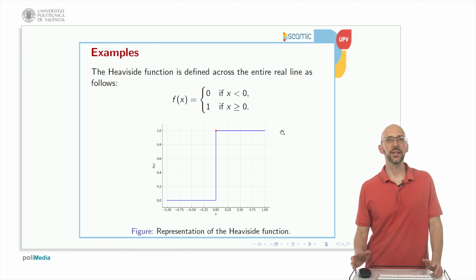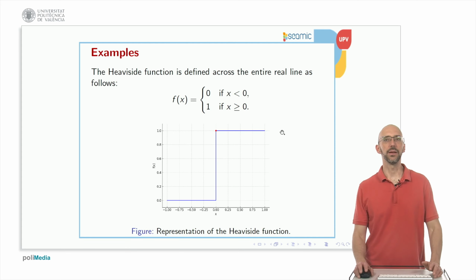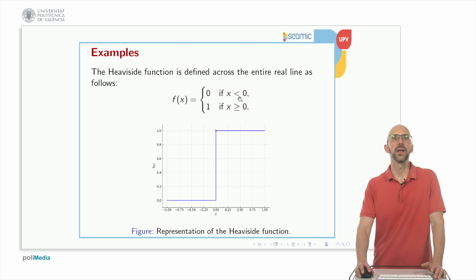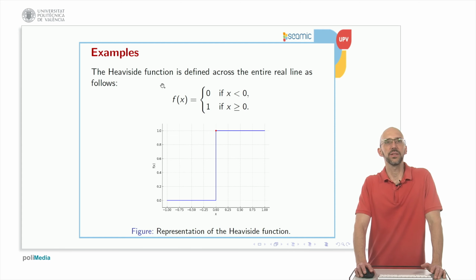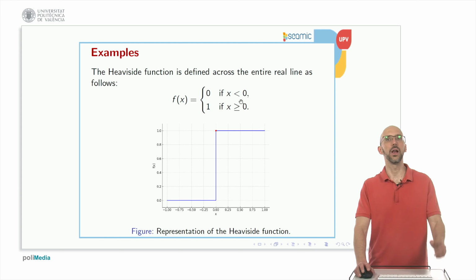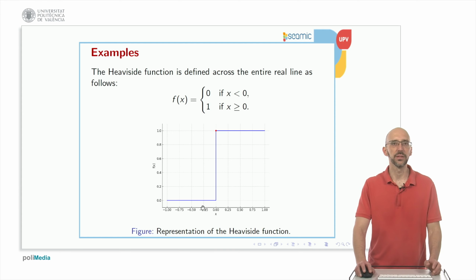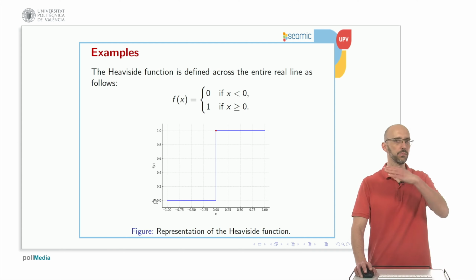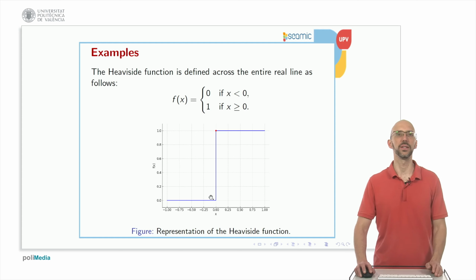Okay, let's see another example to finish this video. In this case, we are going to take the Heaviside function. The Heaviside function is a very typical function in mathematics that is defined as you can see here. 0 if x is lower than 0. That means that for the negative values, the function is always 0 and goes on till minus infinity.